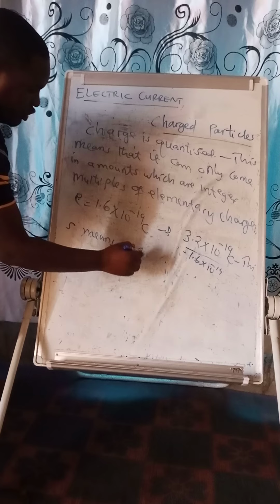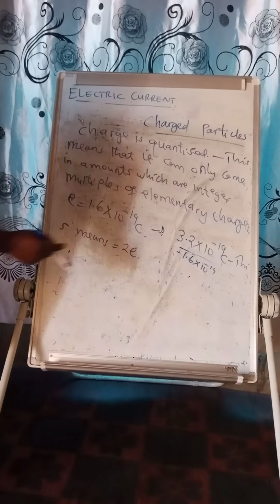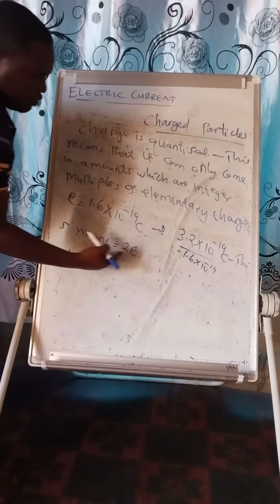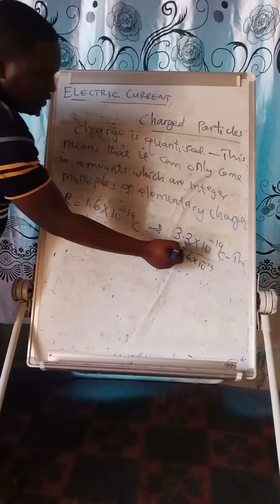So it will be 2e. The value of e is this one, so if we multiply by 2, we get this value.